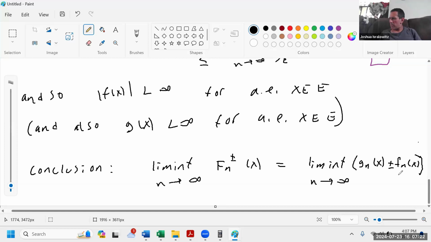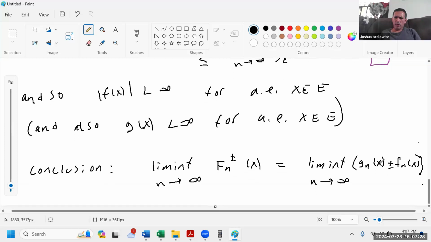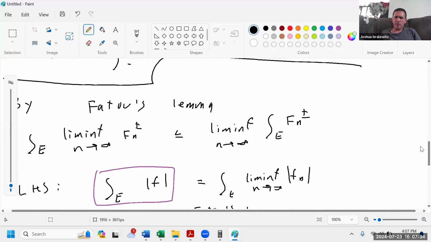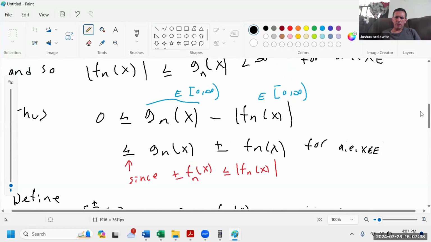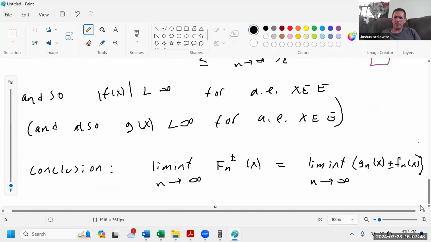And so remember, for almost every x, this makes sense. In particular, for almost every x, this is non-negative, in fact. So in particular, it makes sense.